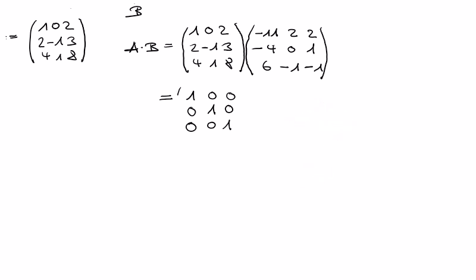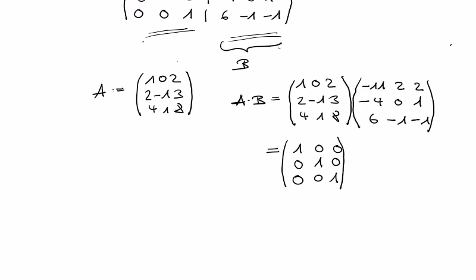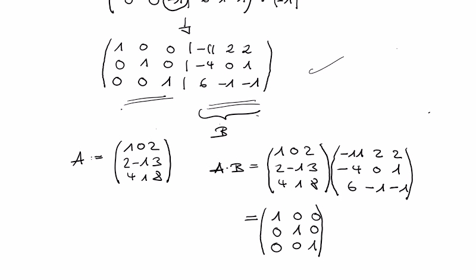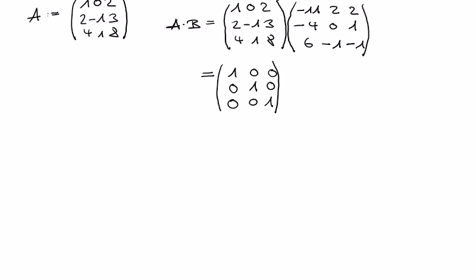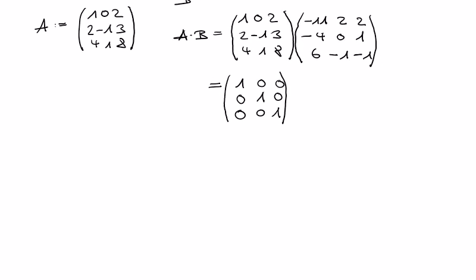But the important thing is what we see is that actually our matrix B that we computed here, if we now multiply this with our matrix A, we actually get the identity matrix. As a little exercise, I would recommend that you compute B times A and convince yourself that this is also yielding the identity matrix.